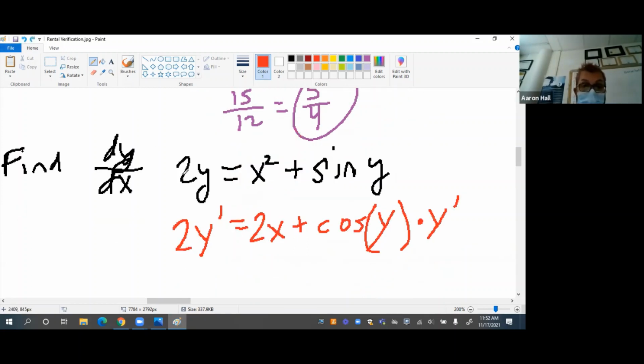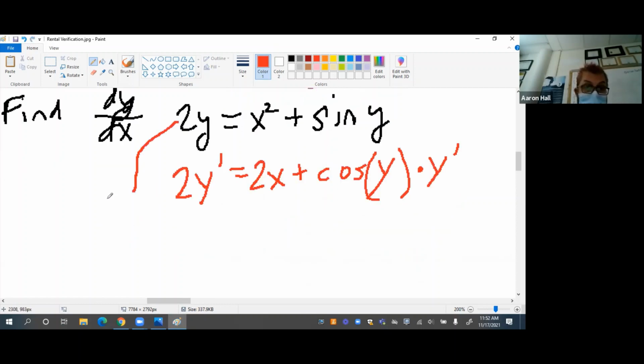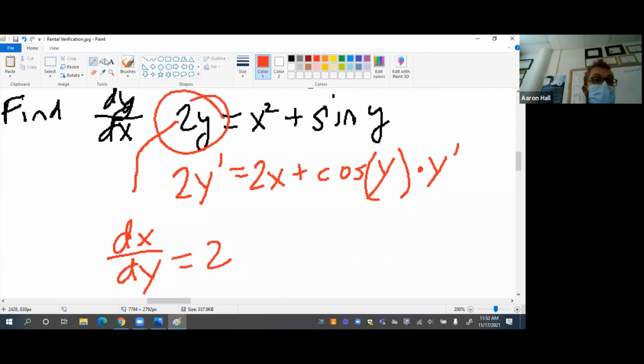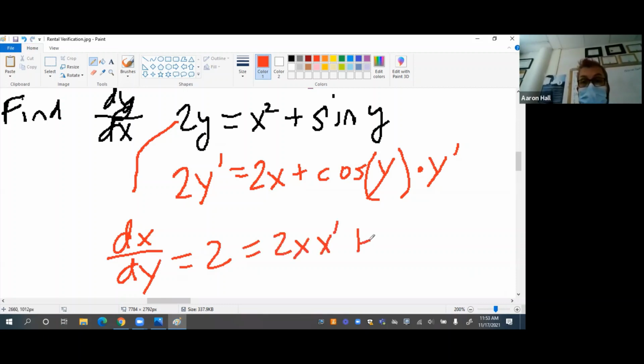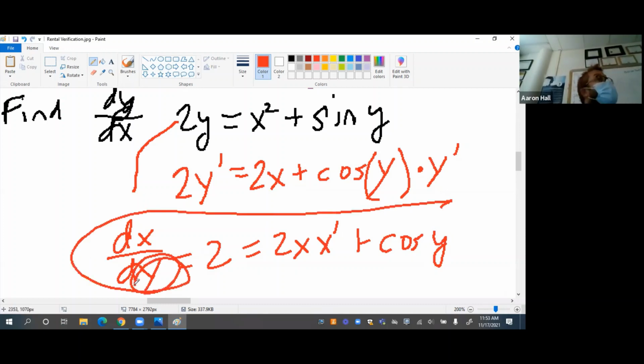How about dx dy? That becomes 2, because the derivative of 2y is just 2. And then we have 2x x prime plus cosine of y. Because in this case, we're taking the derivative with respect to y and not x.